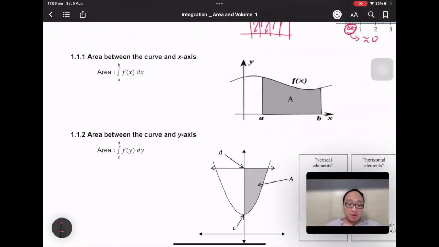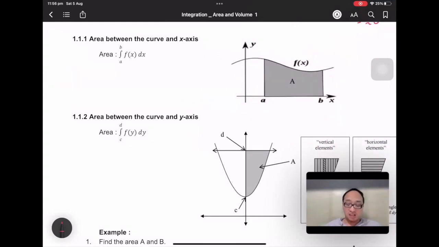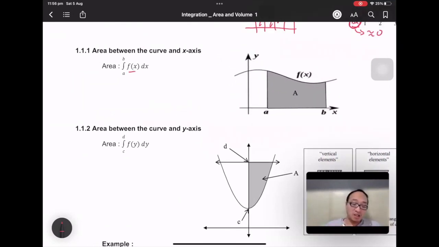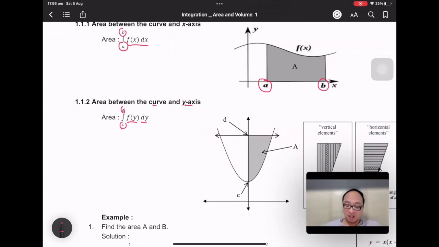So the area between the curve and the x-axis is given by the integral of f(x) dx from a to b. So a and b are the borders on the x-axis. But we can also find the area between the curve and the y-axis by the integral of f(y) dy from c to d.